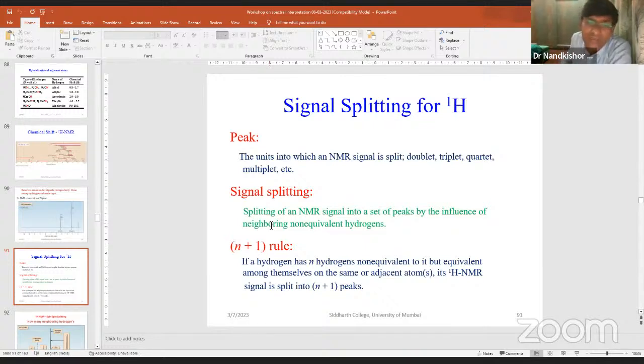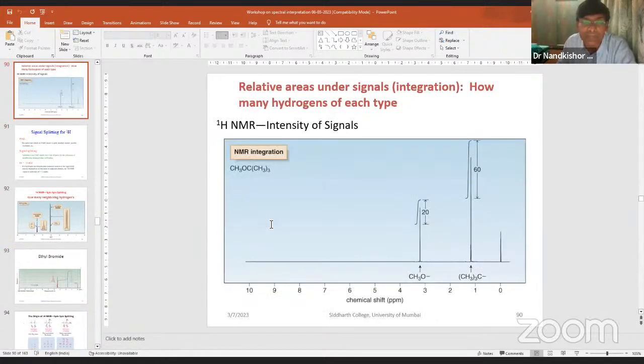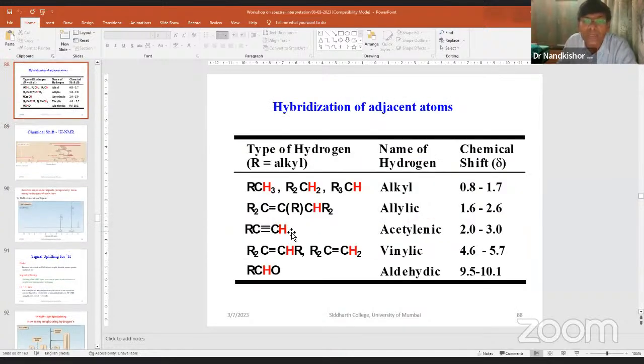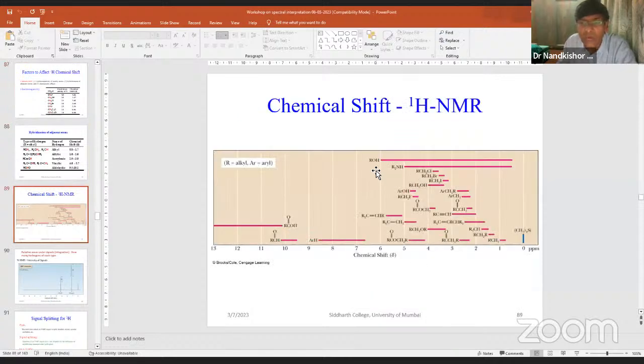Now I forgot one application here, that is hydrogen bonding. In terms of the hydroxyl proton, if you see here, the OH peak is roughly in the range of 1 to 5. But if there are some OH peaks which are in hydrogen bonding, take the example of salicylaldehyde.